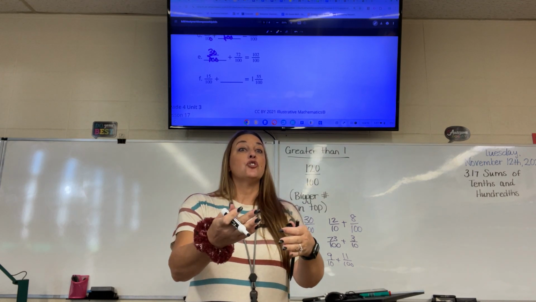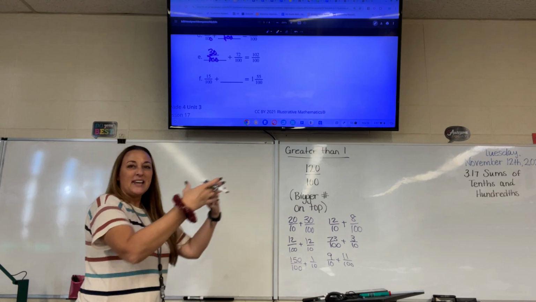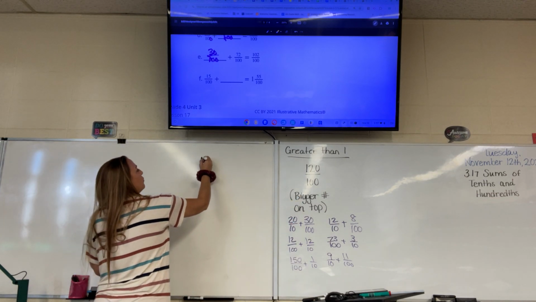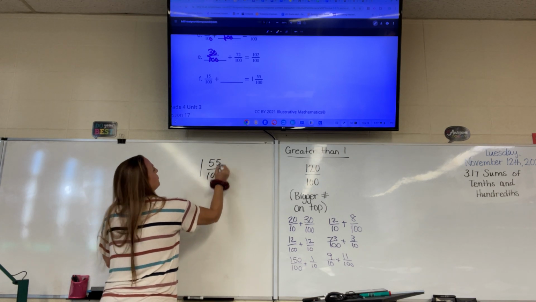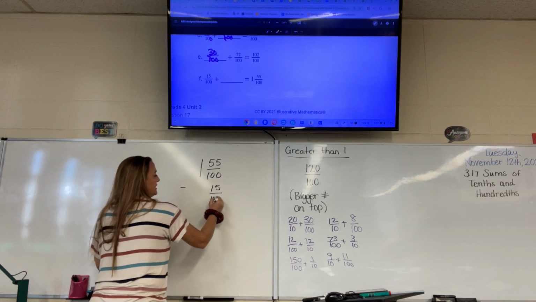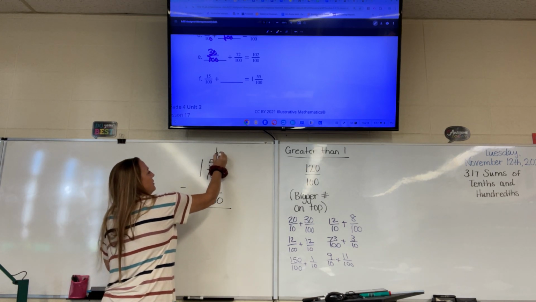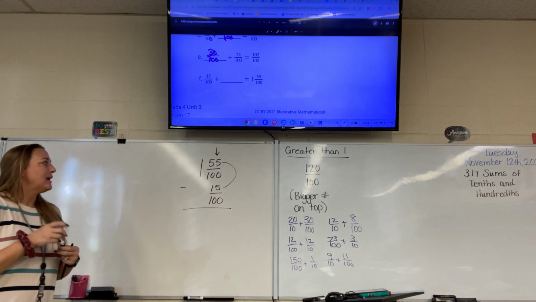You subtract. You have to subtract, right? So we take the end number, the total, which in our case is 1 and 55 hundredths, and we subtract what they have given us, which is 15 hundredths, correct? Okay, so Athena, just looking at the numerators, what's 55 minus 15?